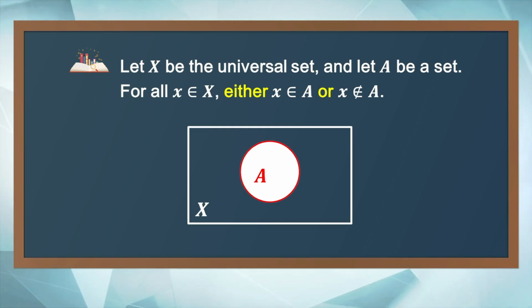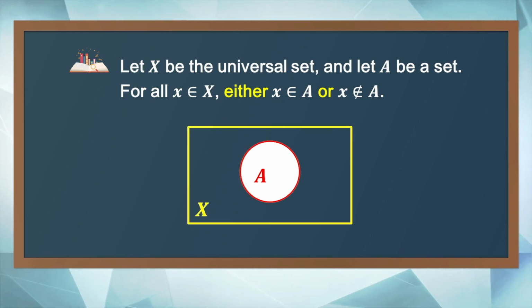In Venn diagrams, the universal set, which contains all the objects under consideration, is represented by a rectangle. Inside the rectangle, circles or other geometrical figures are used to represent sets.